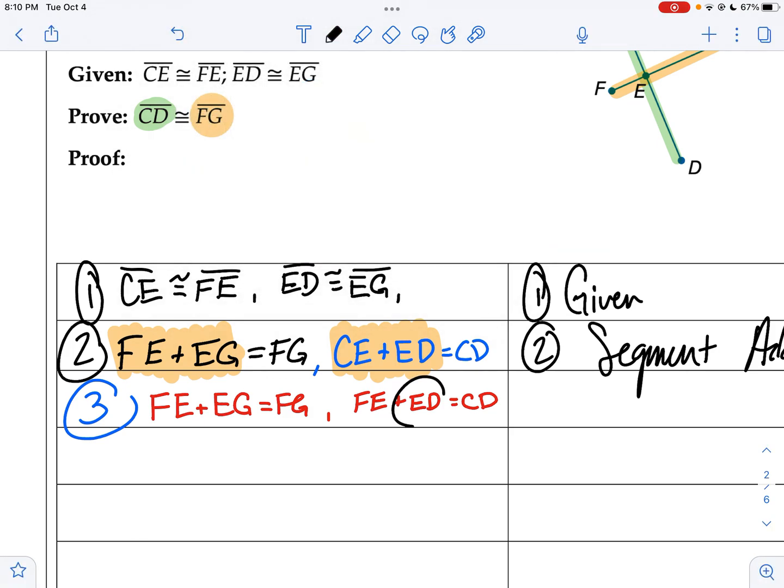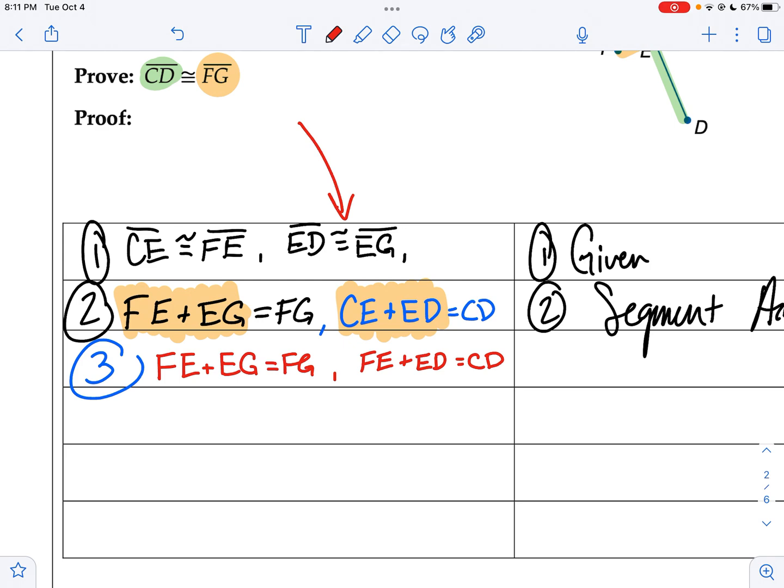But I also don't want ED in my equation because it's not in the other equation. I want to get rid of ED or substitute ED, but I need to know what other segment that could be equal to. Well, if I look back at the givens, it could also be equal to EG. So FE plus EG, just copy down that first one, don't change it.